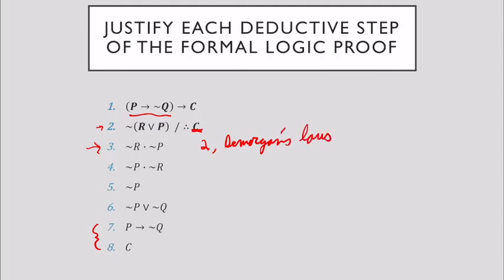Then I have not P and not R. Well, if I look at step 3, all I did was swap their places, and that's one of our new rules of commutation. So I used commutation on row 3. Next, I went from not P and not R to just not P. Well, that is simplification.